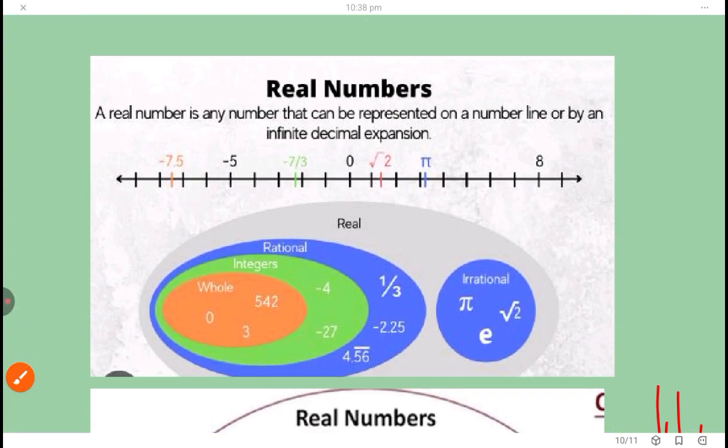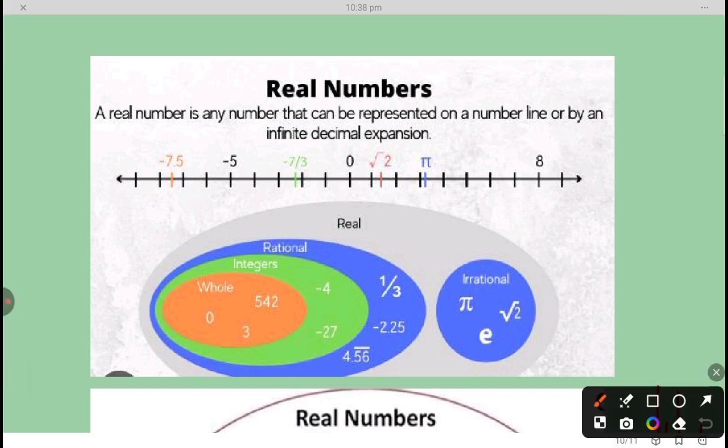So just a synopsis. What is a real number? A real number is any number that can be represented on a number line or by an infinite decimal expansion. So see here, this is the number line. We have placed 0 here.